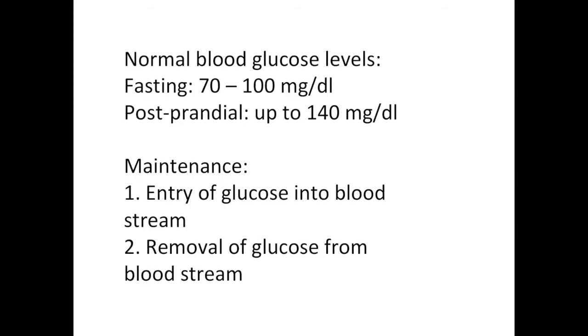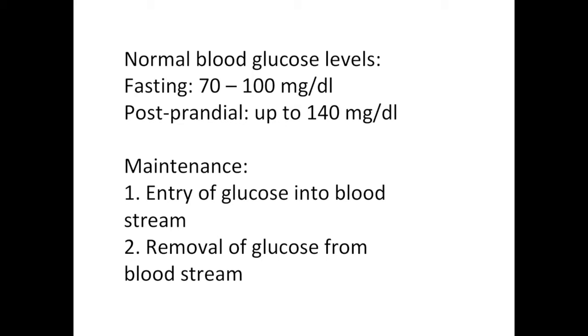Well, fasting blood glucose levels range from about 70 to 100 mg per deciliter, but after a meal these can spike up to about 140 mg per deciliter. Generally the average person will have a blood glucose of about 80 mg per liter.